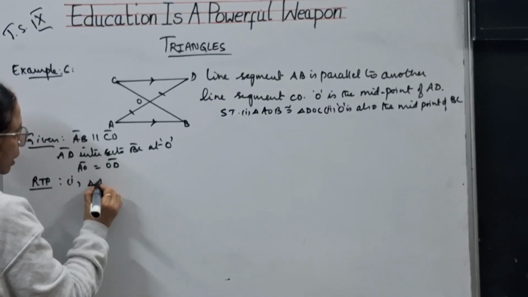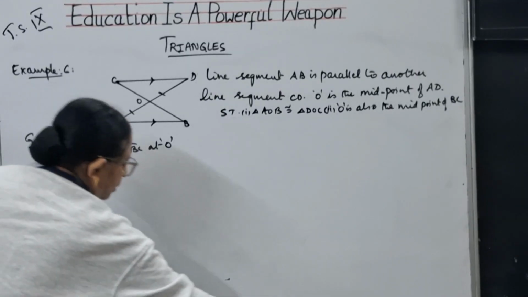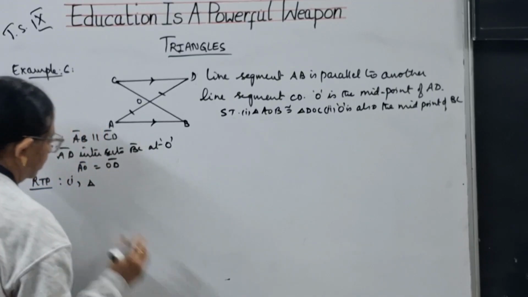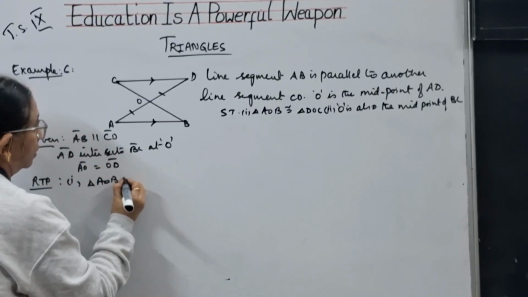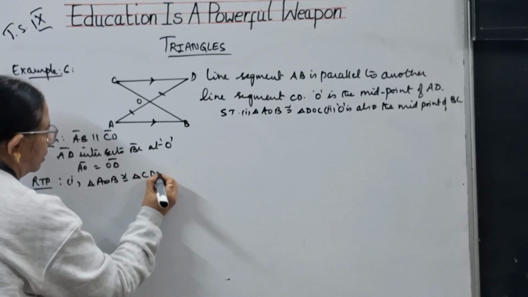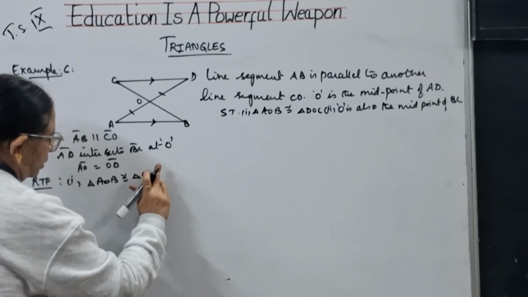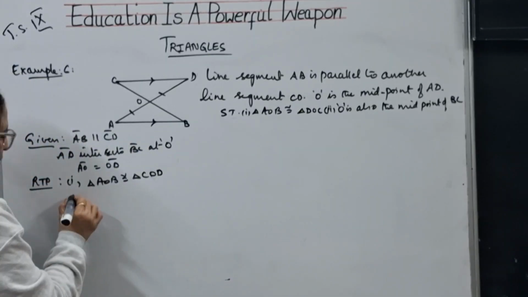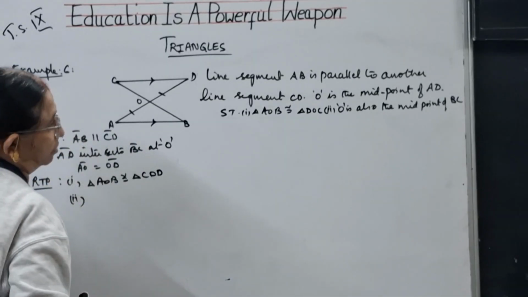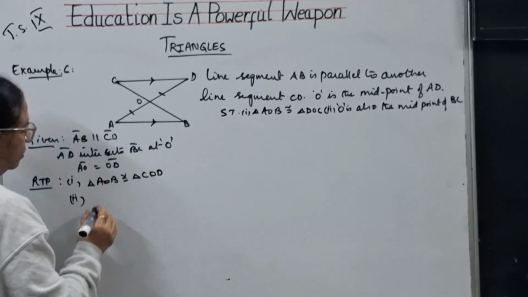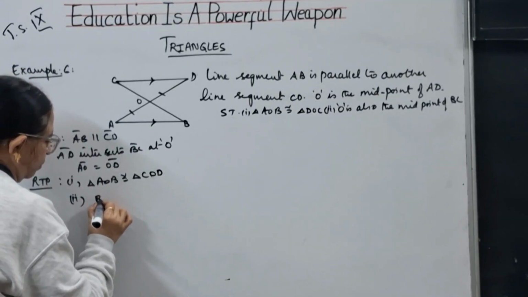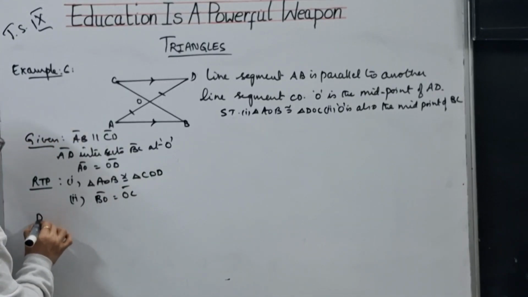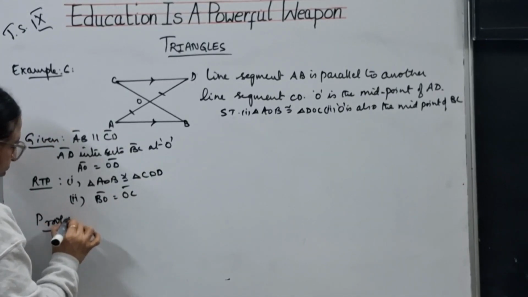First bit, triangle AOB is congruent to triangle COD. We have to prove triangle AOB is congruent to triangle COD. And the next one is O is the midpoint of BC, means BO is equal to OC. This is also we need to prove. So let us see the proof.